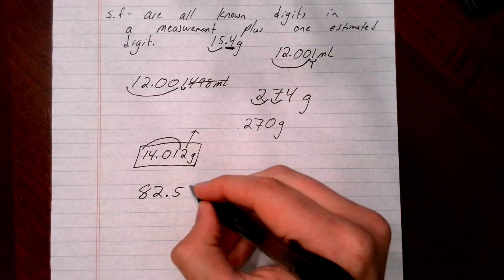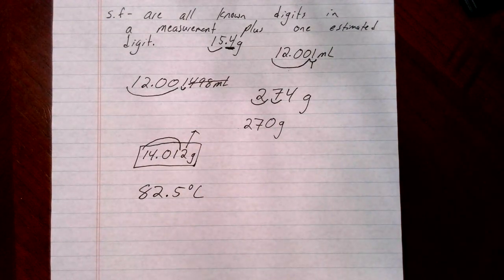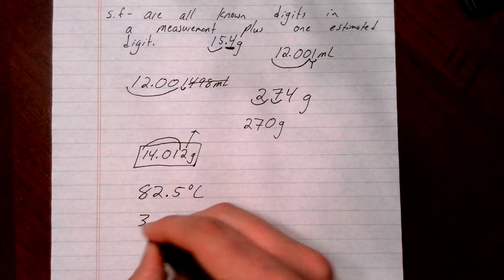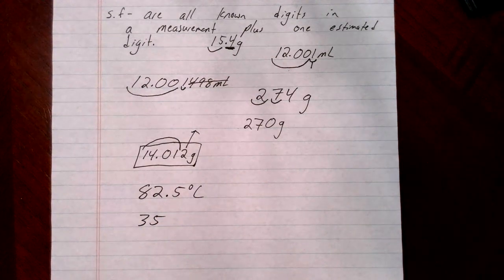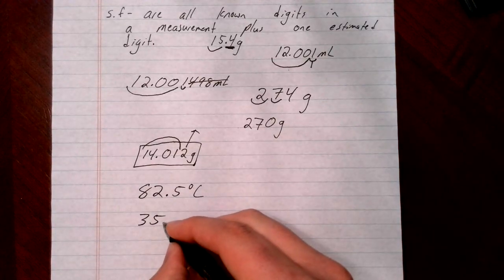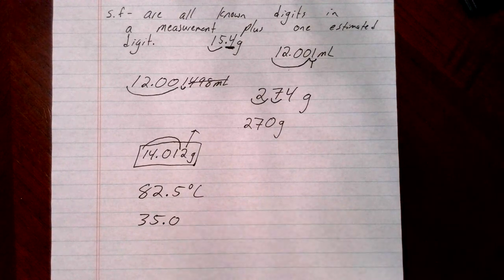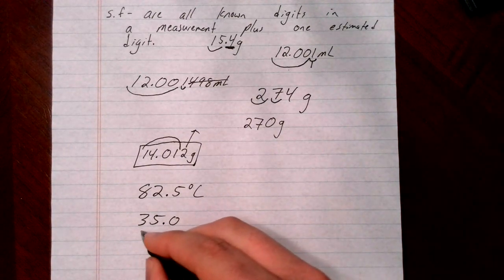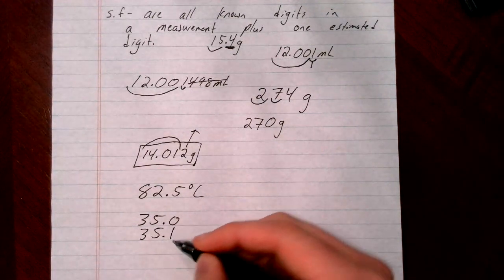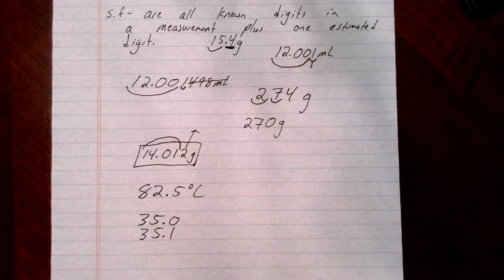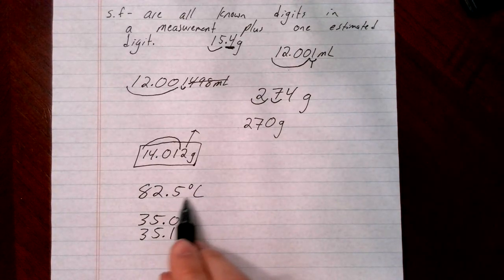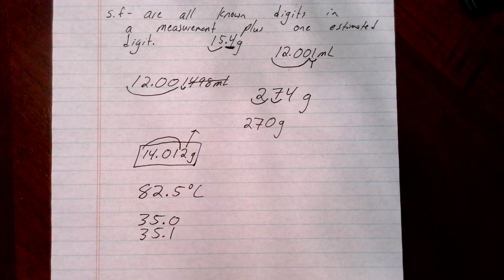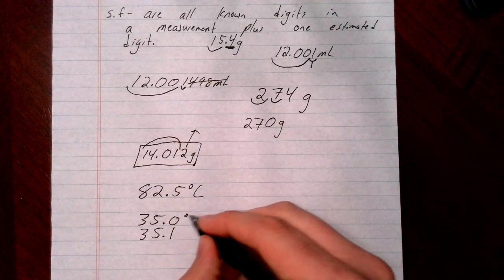The units are just degrees Celsius. If I look at the second image, I know that the temperature is 35 because that's what the thermometer is divided up into. Then I'm going to estimate it's 35.0. Could you also say that it's 35.1? If that's what you think it is, that's perfectly valid. Everyone's last number can differ because the last number is always an estimate.